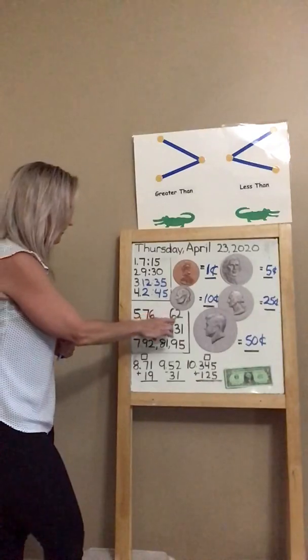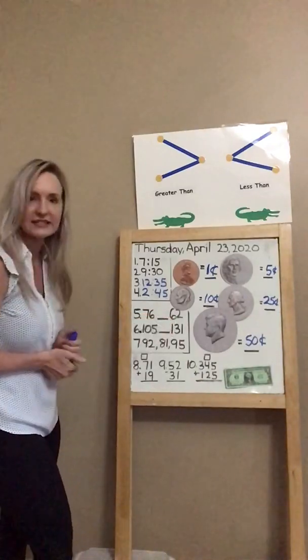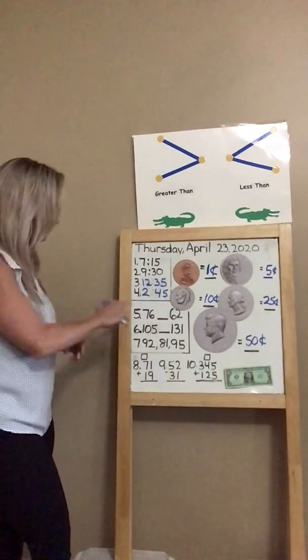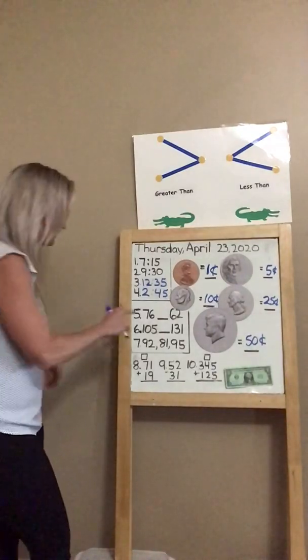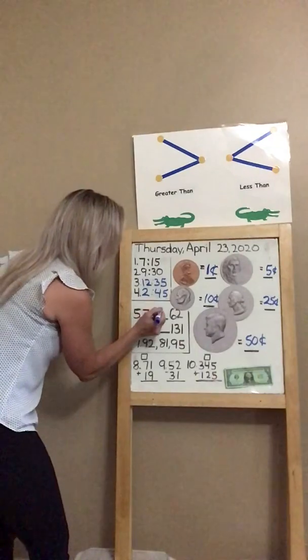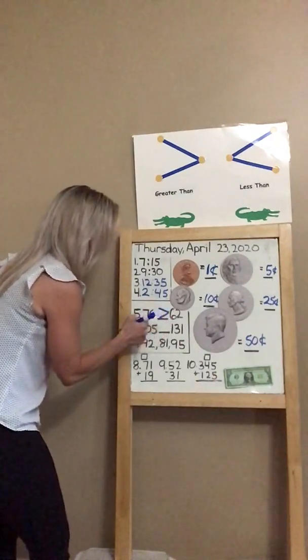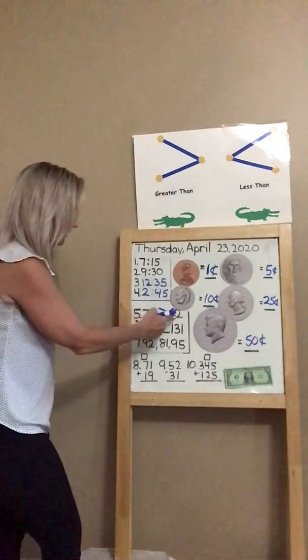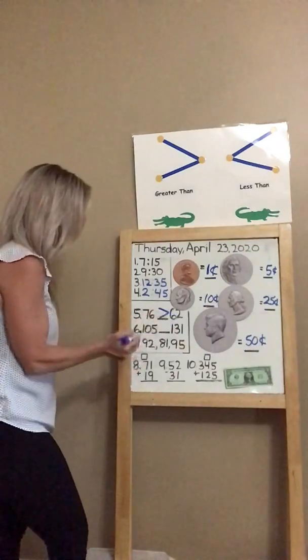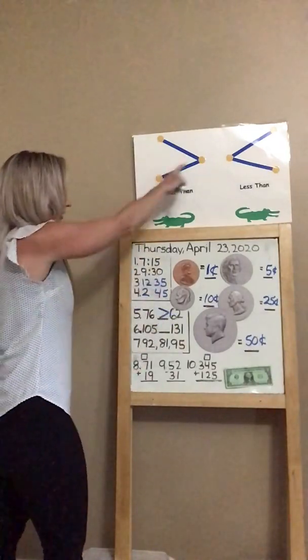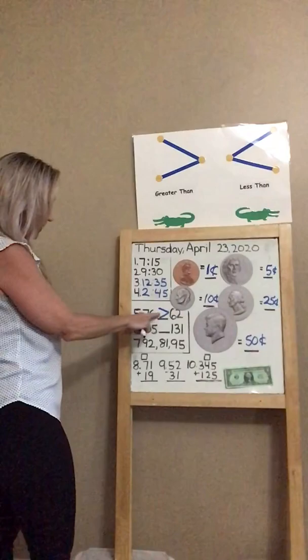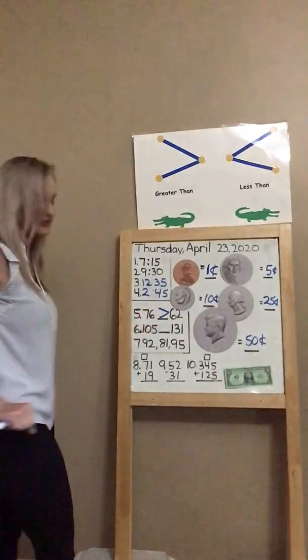Is 7 greater than or less than 6? You may go ahead and write your symbol in and let's check your work. 76, I hope you said, is greater than 62. 7 is greater than 6. You've used your greater than symbol or your alligator mouth. The alligator eats the number that is greater.